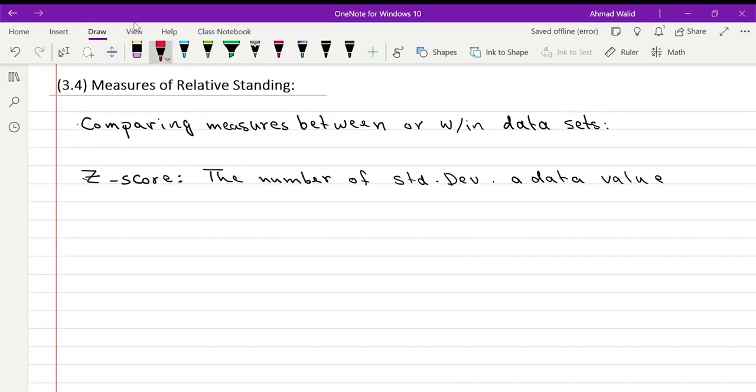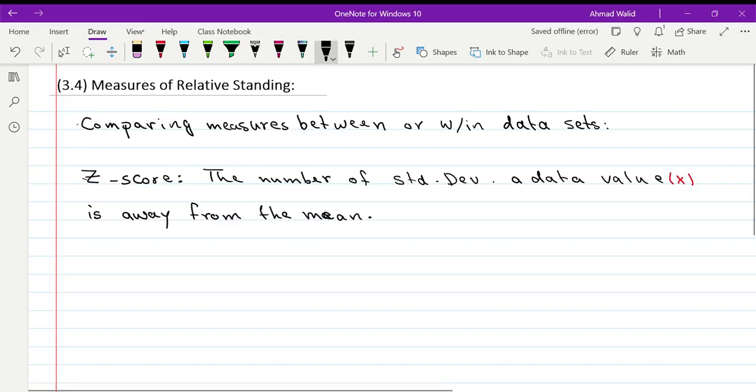All of us at this point know we use X for data value, correct? The number of standard deviations a data value X is away from the mean. We covered this before, but today we are going to deal with this topic more professionally.